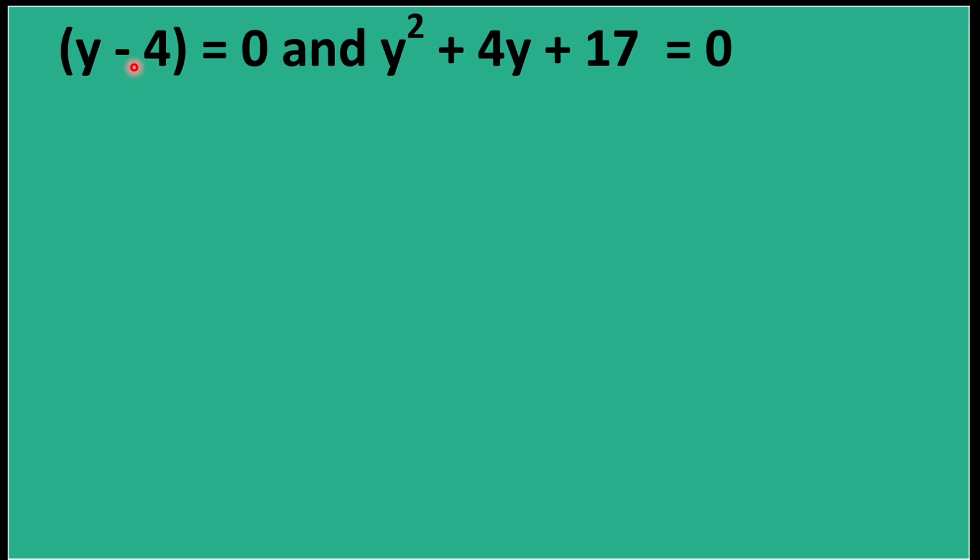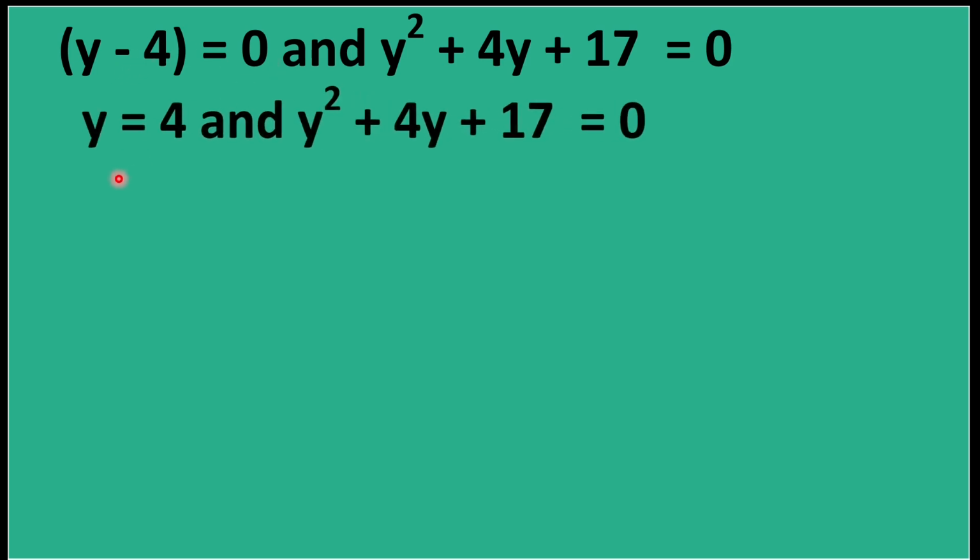And now we will send this minus 4 on the other side of the equation. So this will become y equal to 4, and y square plus 4y plus 17 equal to 0. Now we have one value of y which is equal to 4, and with this we have this quadratic equation, and we have to determine further two values of this y. So this is a quadratic equation basically.